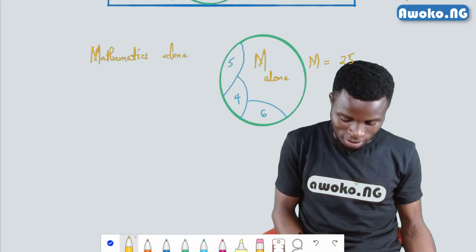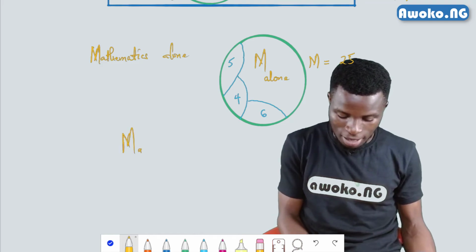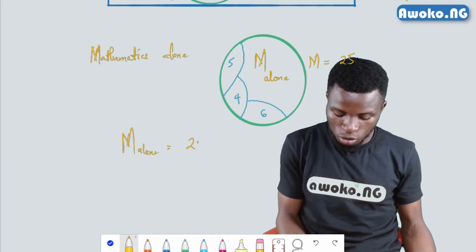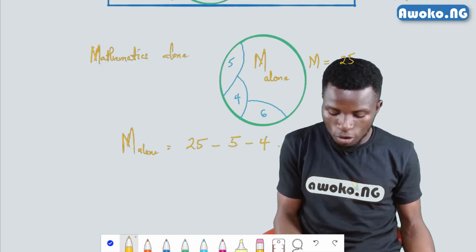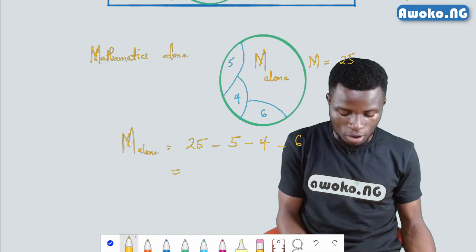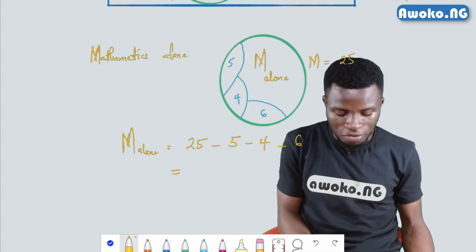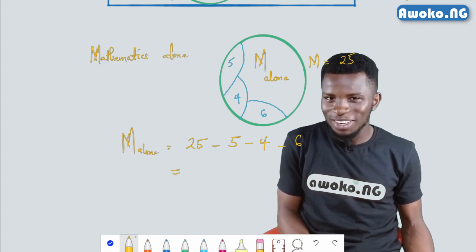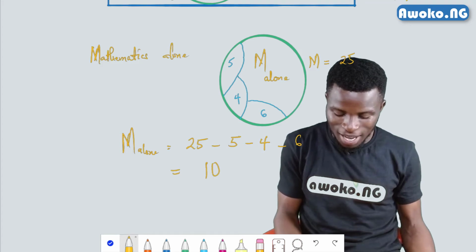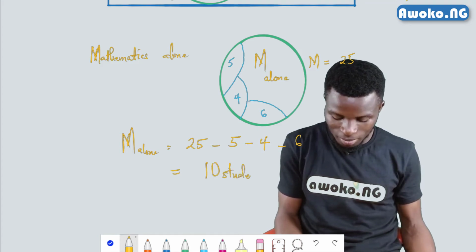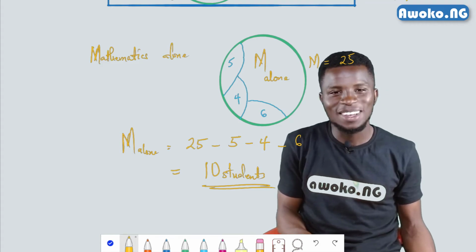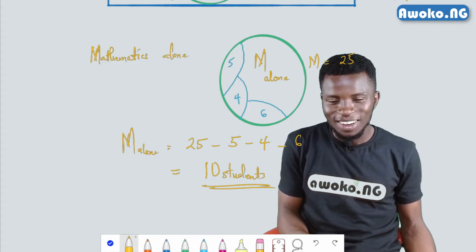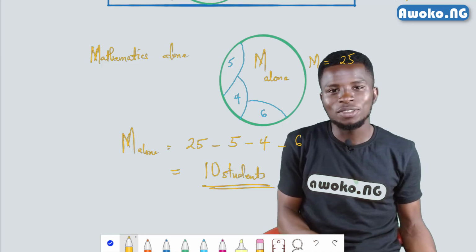So let us consider this. Maths alone will give us 25 minus 5 minus 4 minus 6. Of course, if you subtract all of them together, you are definitely going to get 10. So 10 students offer mathematics alone.